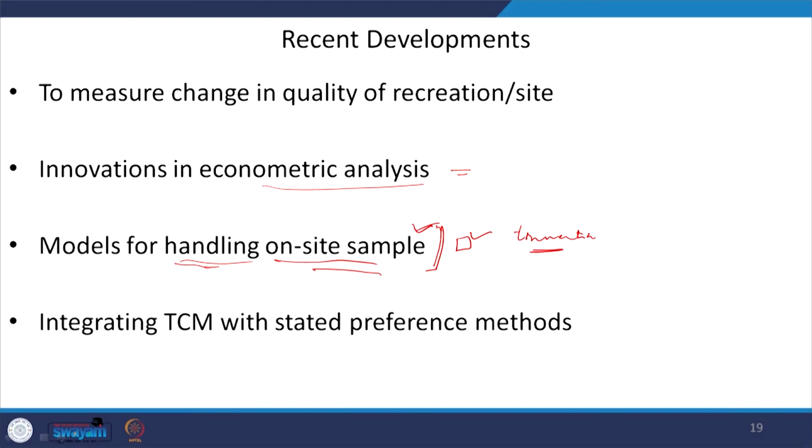For this reason, we have developed certain econometric analysis for the truncation problem, when you are taking into account on-site data, that means how many times the visitor would be visiting. It would certainly be greater than 0, because when you say on-site, obviously this is the first time.